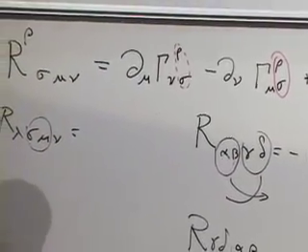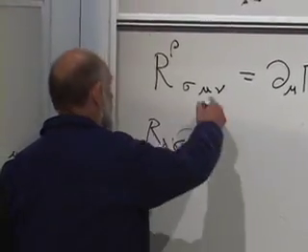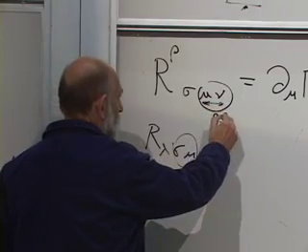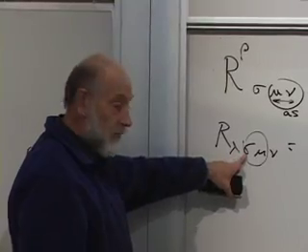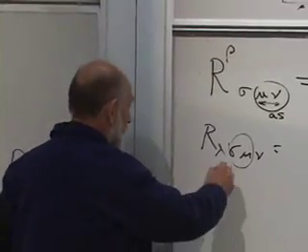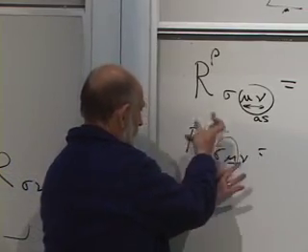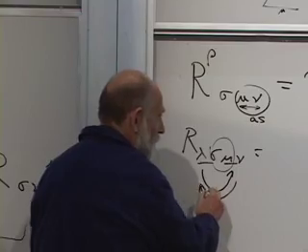Is that what I said? Yeah, this is antisymmetric under mu nu interchange. It's also antisymmetric under lambda sigma interchange, that I know for a fact. And it's symmetric with respect to interchanging lambda sigma and mu nu. So do I have it right?